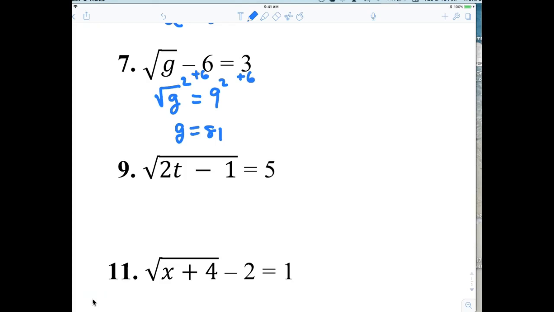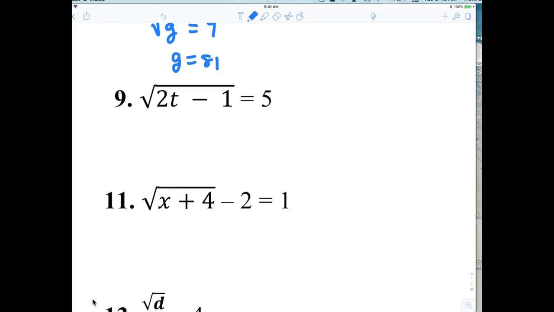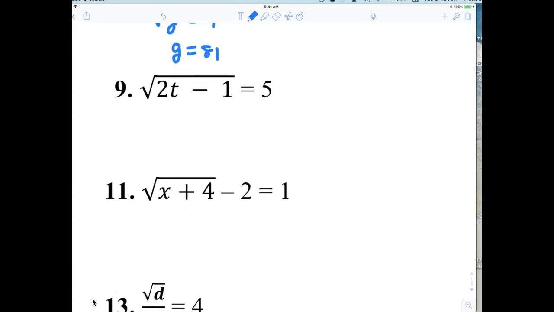All right? So here, nothing to isolate. It's already isolated, correct? Yeah. So now we square both sides. 2t minus 1 equals 25. 2t equals 26. T equals 13.